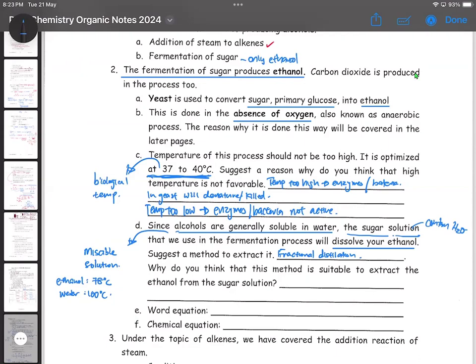If not, fractional distillation, why is it suitable? Because FD is suitable for miscible solutions with different boiling points.